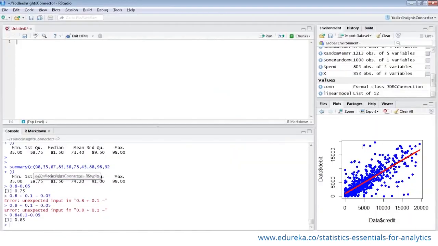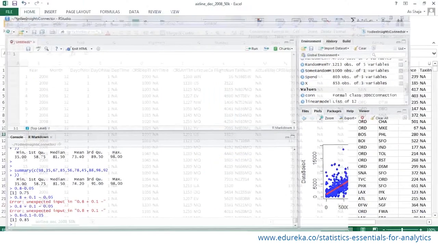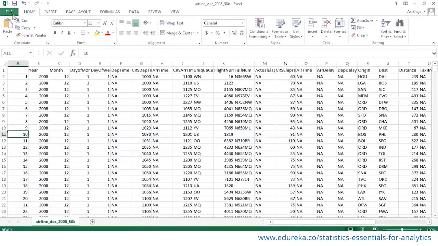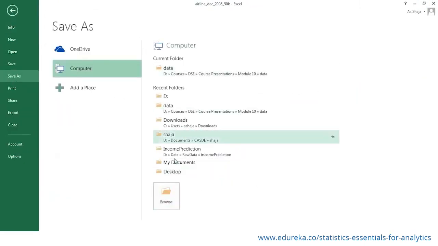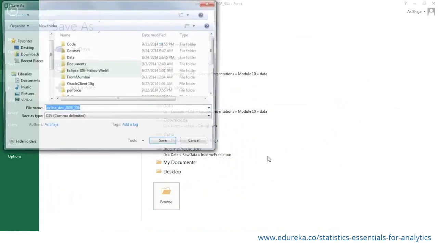So let's see how to do this. For the sake of simplicity, let me save this data in this location.